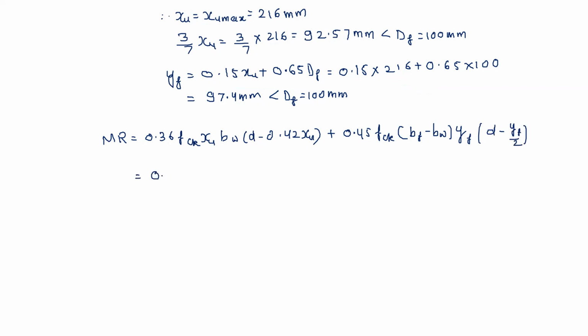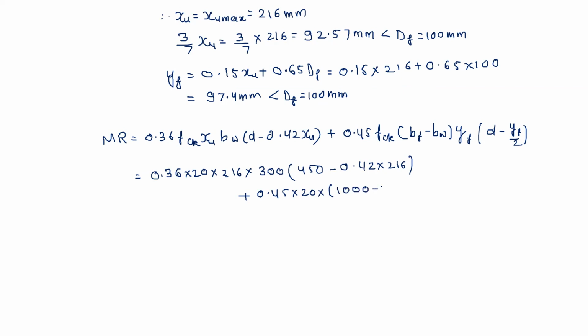And now we will get the value 0.36 into 20, 216 into BW is 300, D we have 450 minus 0.42 into 216 plus 0.45 FCK 20 in bracket 1000 minus 300 into 97.4 YF, D minus YF by 2.